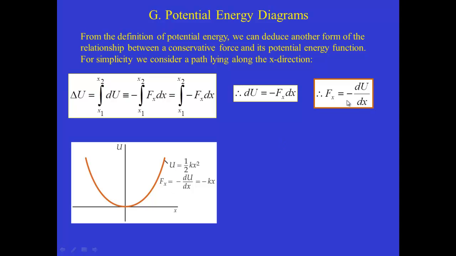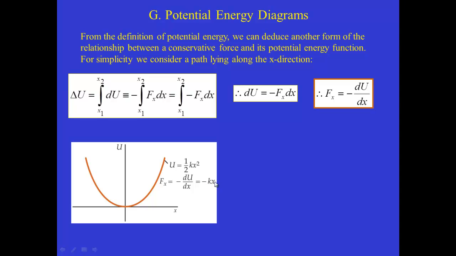So with that potential energy function, if we take the derivative or the slope of that function, using the rule for doing that, the 2 would come down in front, multiply the 1/2 to give a 1, and then we would have k times x to the first power. And the minus sign in front of it, if we carry that along, gives us minus kx.